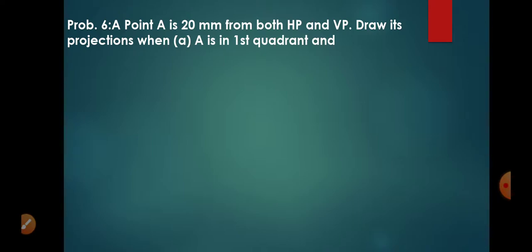The second part of the question is to draw the projection if it is in the third quadrant. They didn't mention here in front of VP or above the HP or below the HP or behind the VP. Here they have only given that the point's distance from both HP and VP is 20 mm.